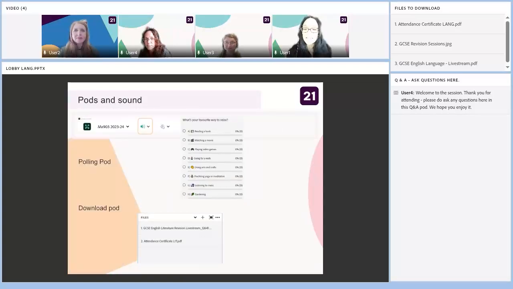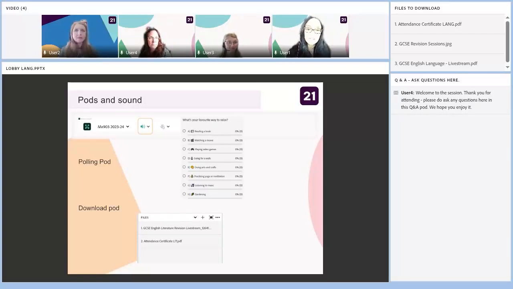There are a few other features that I'd like to draw your attention to on the platform as well. We have a file pod just in the top right-hand corner, and there are some files in there for you to download. The content of the session is in a PDF document, so you can view that and download it to help support your revision for your English language GCSE.